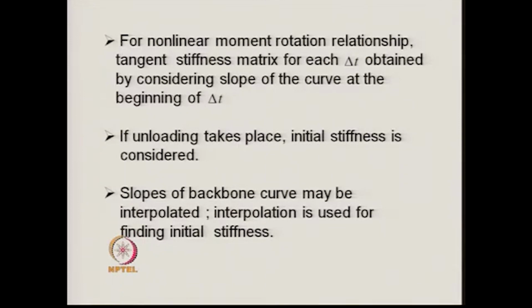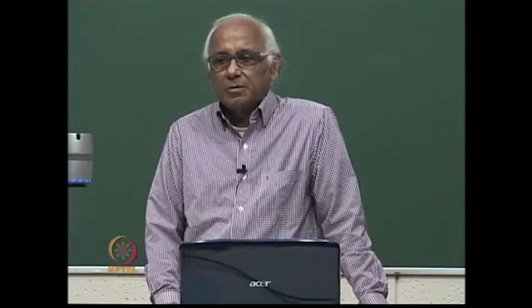Therefore, as we find that there is an unloading for a particular element at a particular cross section, then in place of taking the tangent stiffness for that interval, we consider the initial stiffness for that particular element and go ahead with the calculation.